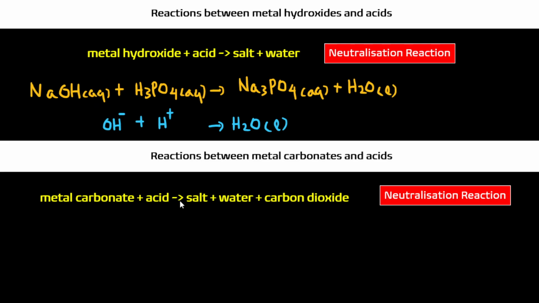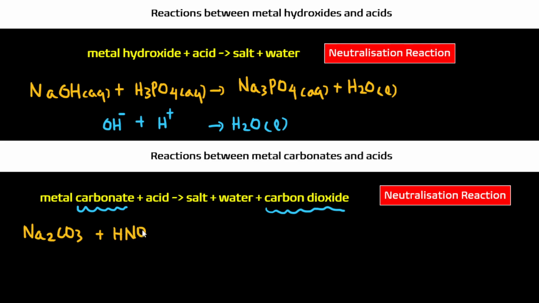So reaction between metal carbonates and acids. Now the only difference here is that since we have a carbonate here, you're going to have carbon dioxide on this side as well. So let's use the same example. Sodium carbonate, Na2CO3, plus, let's say, sulfuric acid.